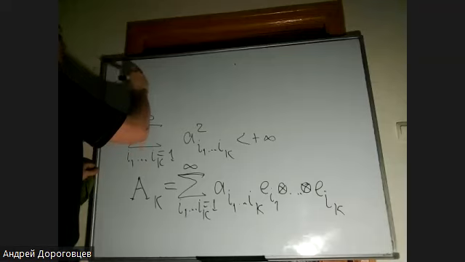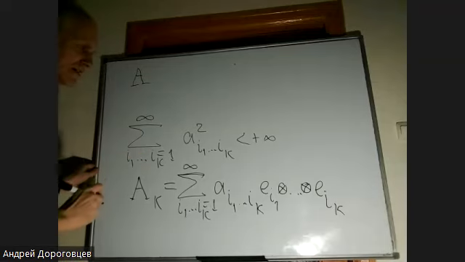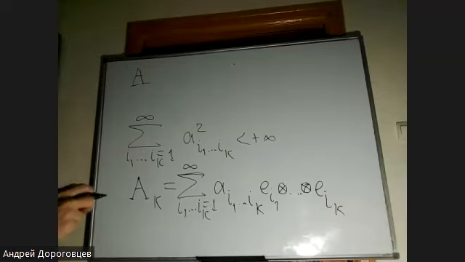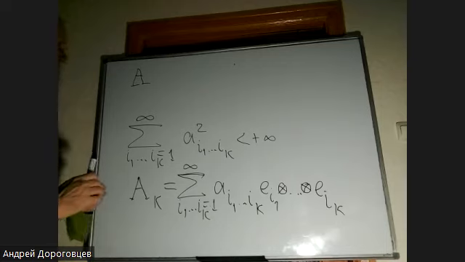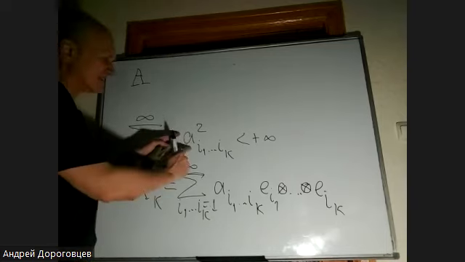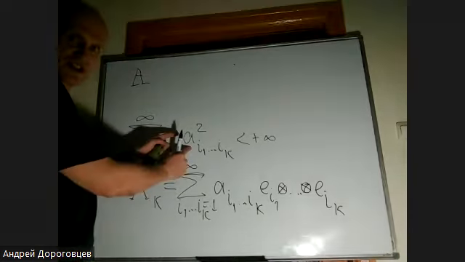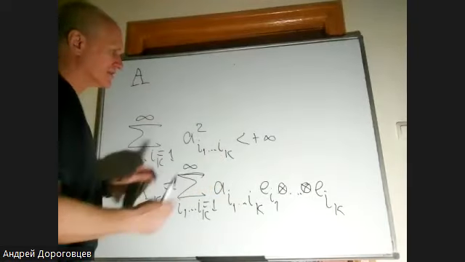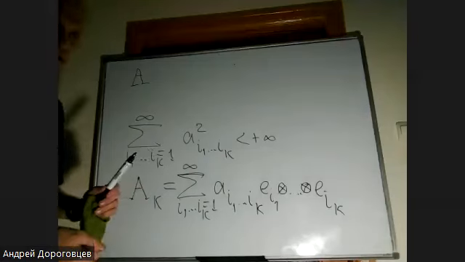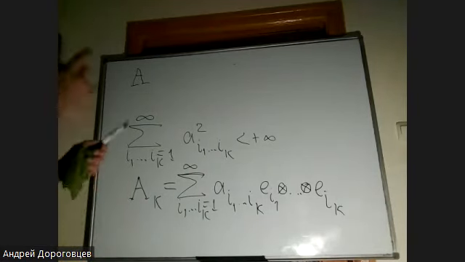Sorry, could you please clarify how this A_k is related to our A_k^n and A_k^m? I will write this. Just wait a second. It is evident that this is a limit of the coefficients, for fixed indices. So these are limits of the coefficients.